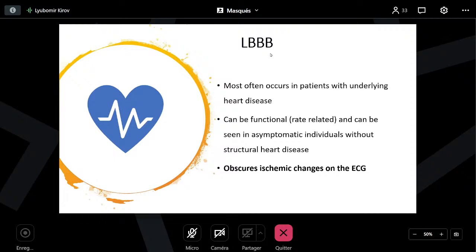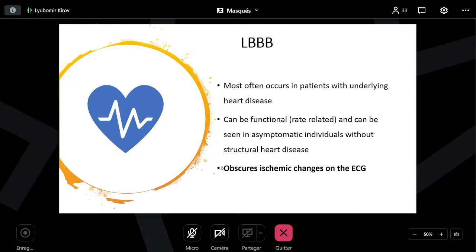A few words about the left bundle branch block. The most important thing is this, which is bolded, that it obscures ischemic changes on the ECG.